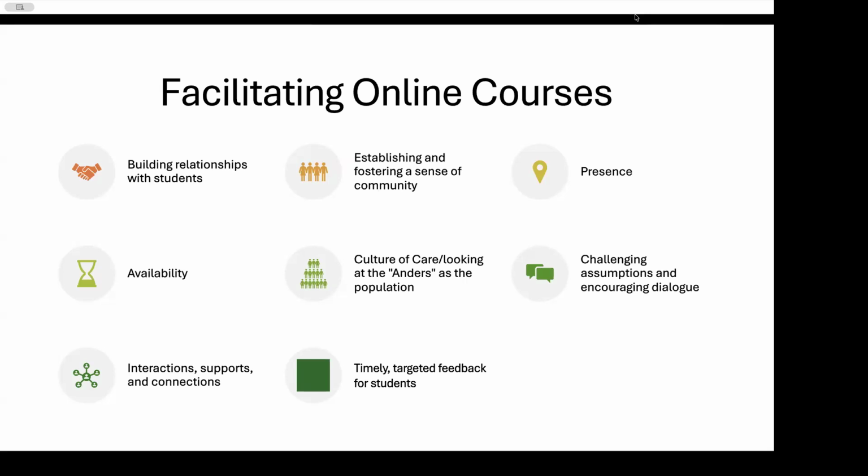We know the culture of care is really important for our adult learners, and we really do look at them as "and" people, right? So they're not just students, they are students and professionals. They're students and fathers, they're students and mothers. They're "and" people. So we really make sure that we are aware of that, reminded of that, and support them as best as we can.